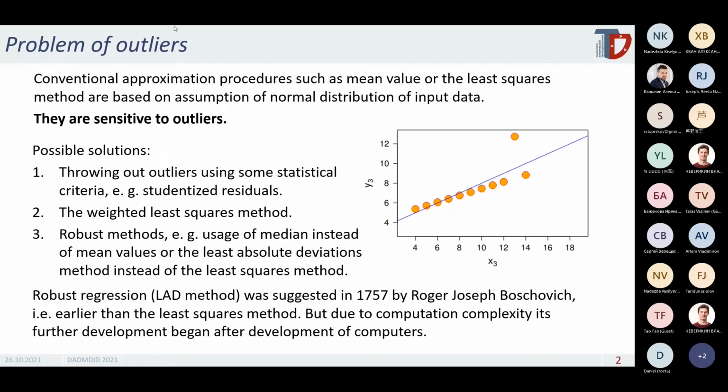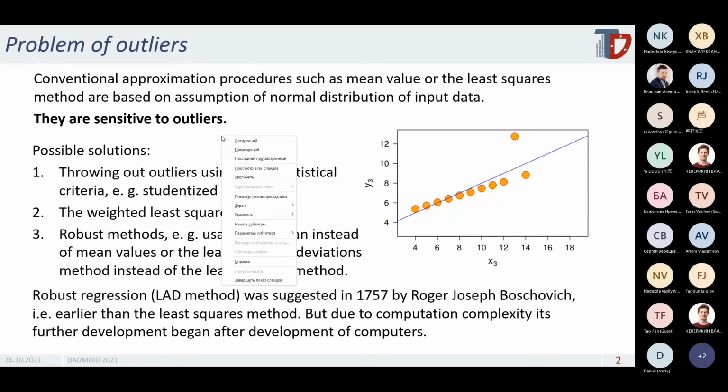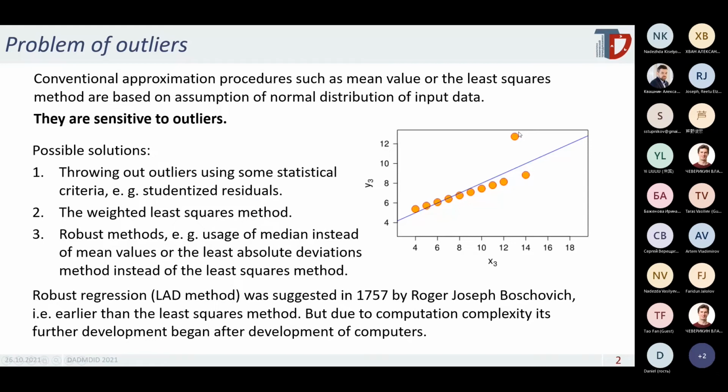If we, for example, apply a low statistical weight to the outlier on the linear plot on this slide, of course it will reduce its influence.